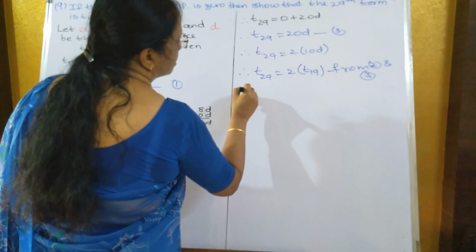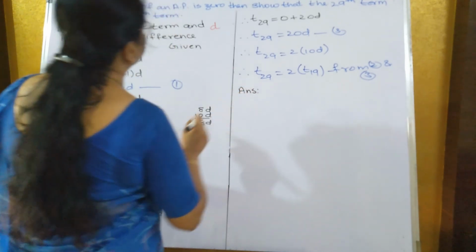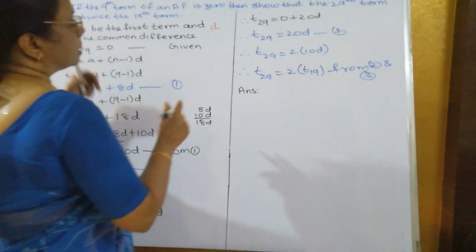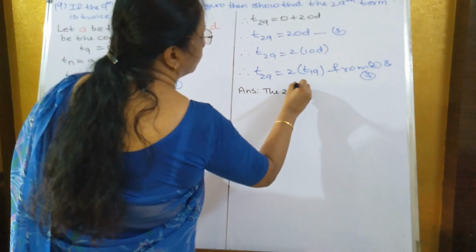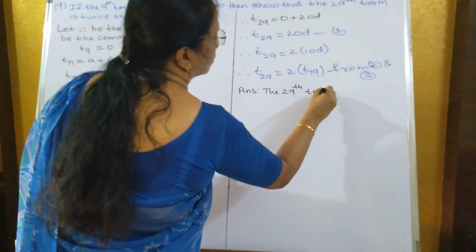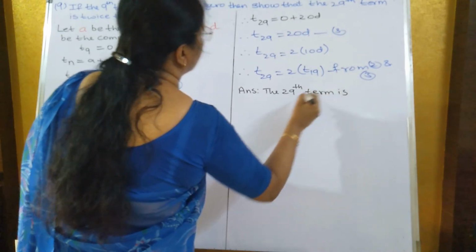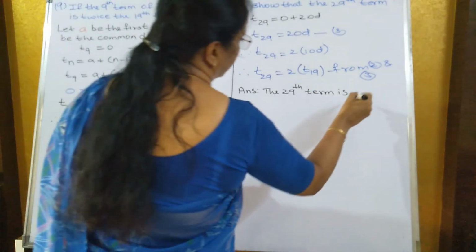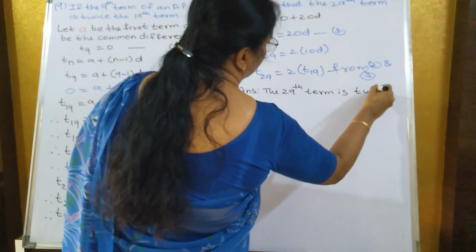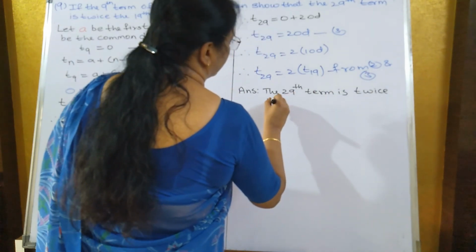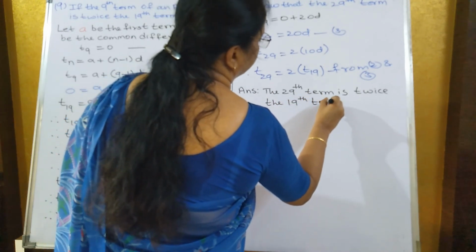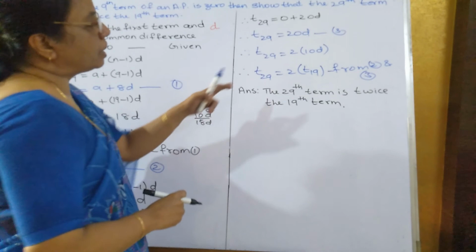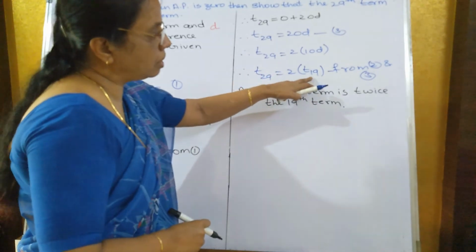Therefore the answer is: the 29th term is twice the 19th term.